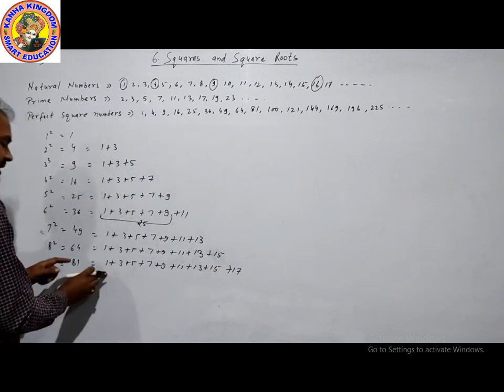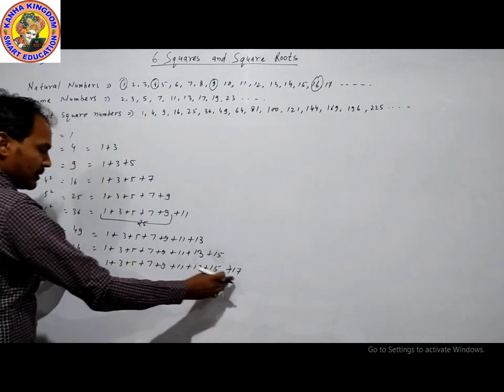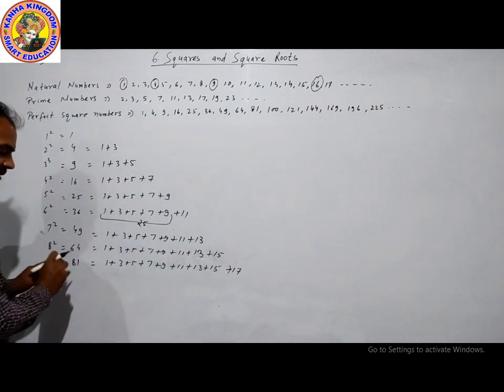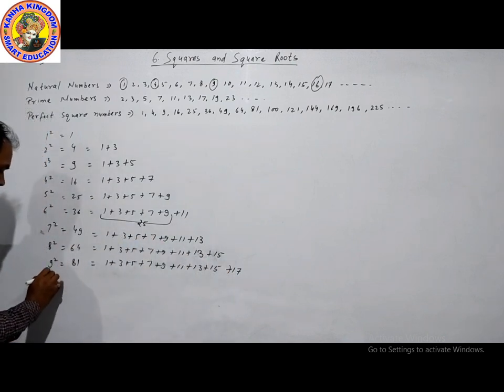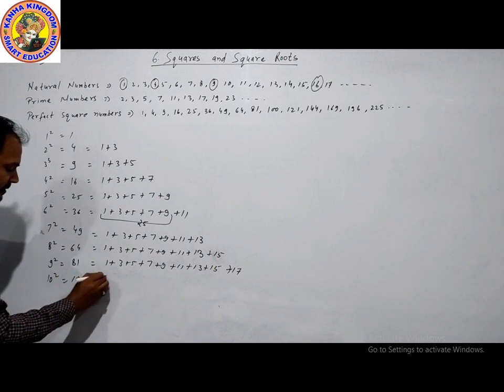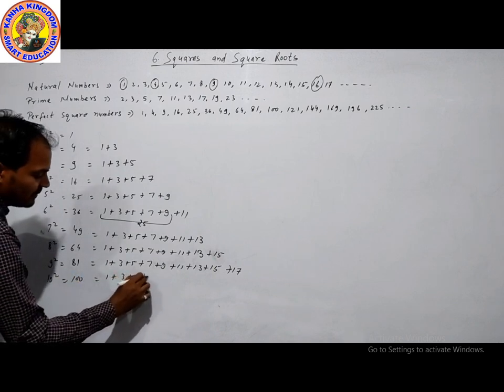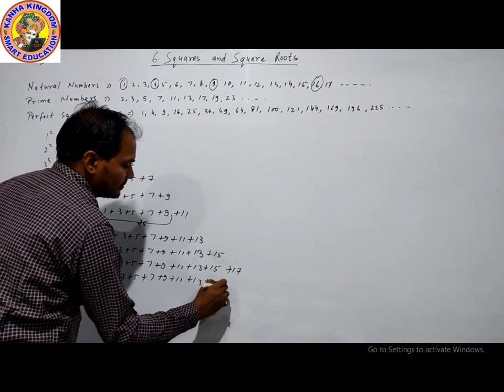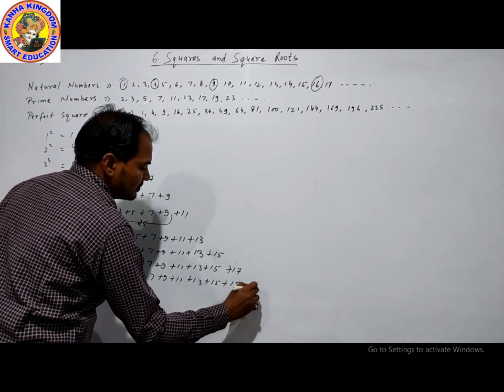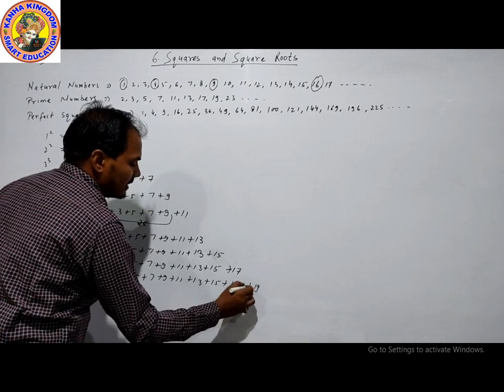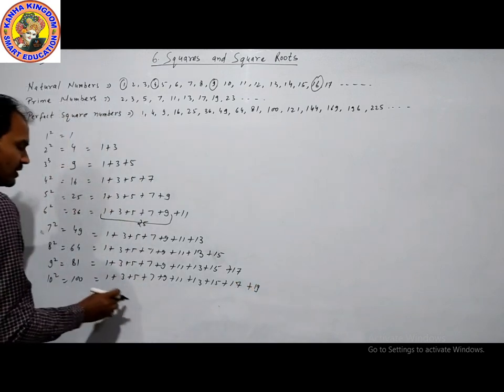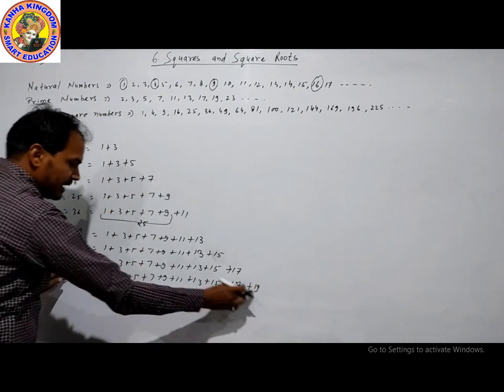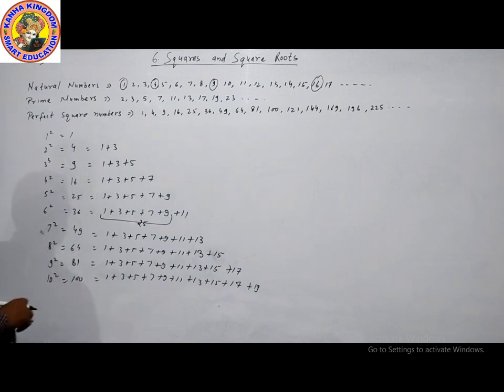Up to 15 the addition is 64, and 64 plus 17 is 81. 10 square is 100: 1, 3, 5, 7, 9, 11, 13, 15, 17, then 19. Up to 17 the addition is 81, and 81 plus 19 is 100.